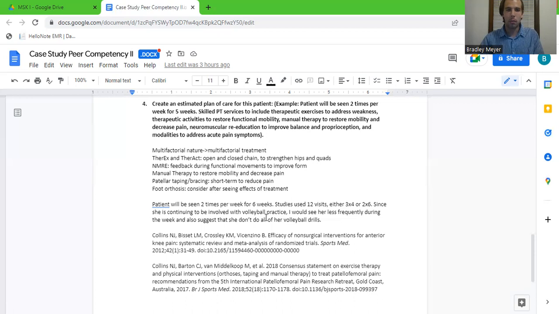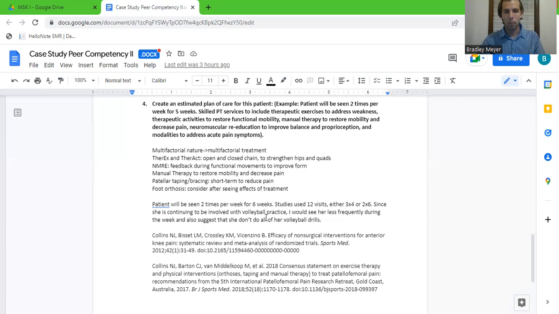Neuromuscular re-education, as I mentioned above, using some form of feedback for her to visualize or feel the appropriate way to perform movements that she needs to do with volleyball. So like squatting and jumping and passing the ball, setting the ball.